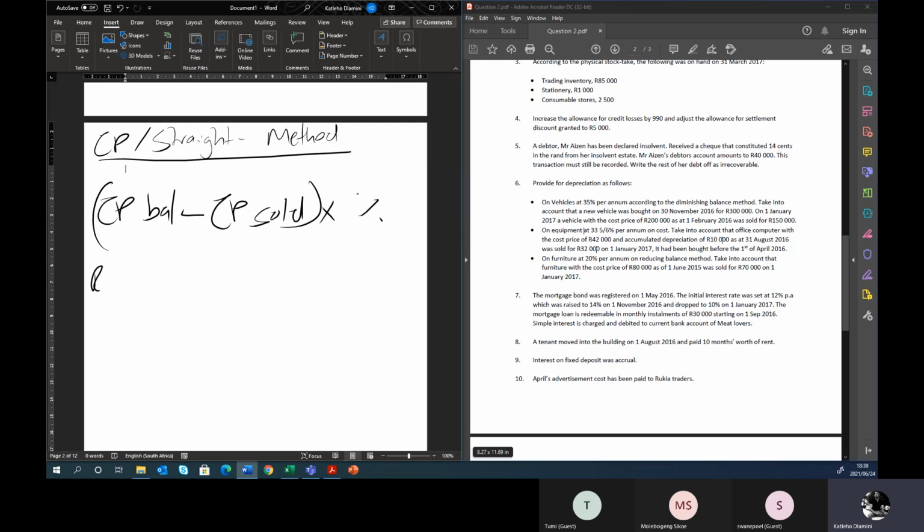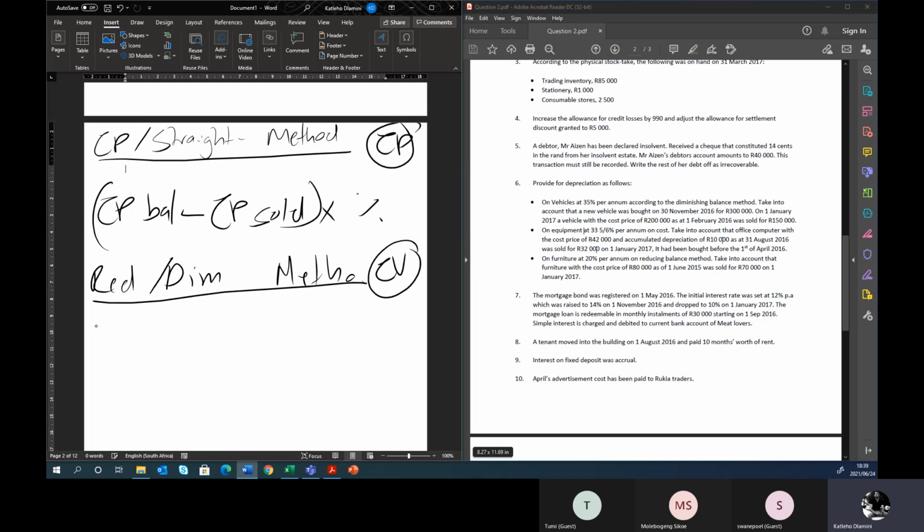If you have the reducing or diminishing balance method, remember this one is at cost price, and this one is at carrying value. So what you're going to do is the following. You're going to say cost price balance minus cost price sold, close bracket, right?